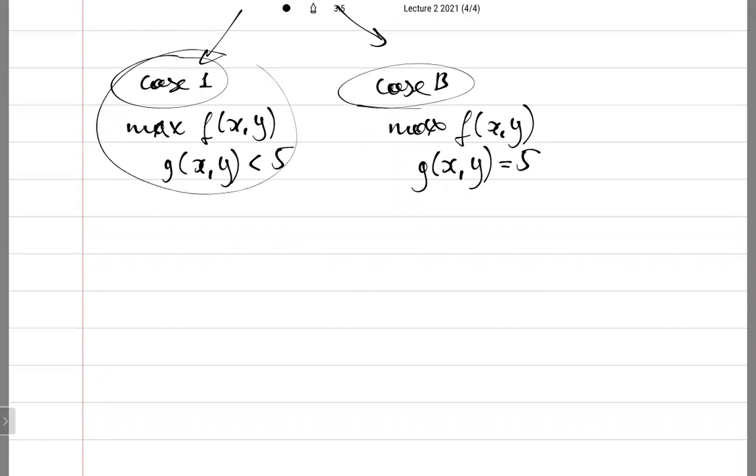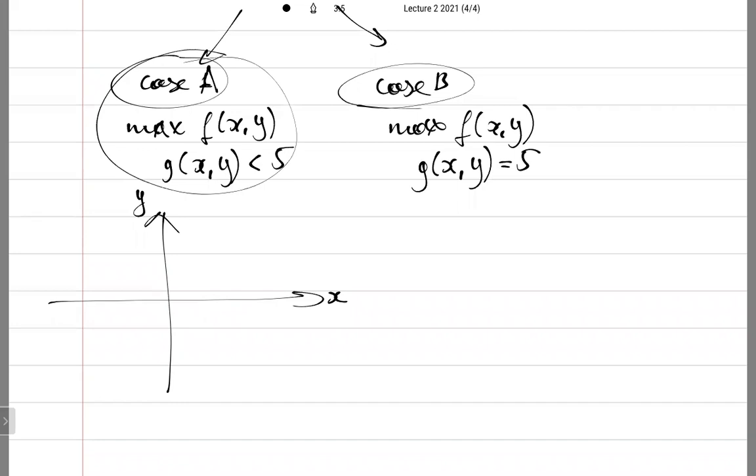Because in the first case, case A, let me draw the picture. So imagine that our constraint g is something simple. They may be very complex arbitrary regions on the plane, but I will show the intuition with a simple form of the possible region for x and y.